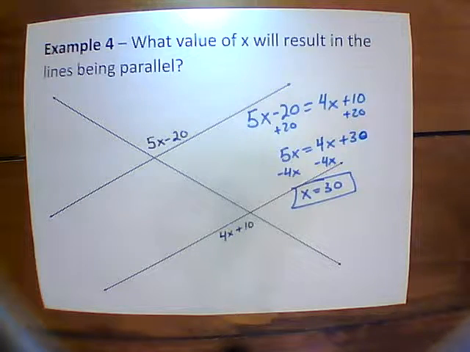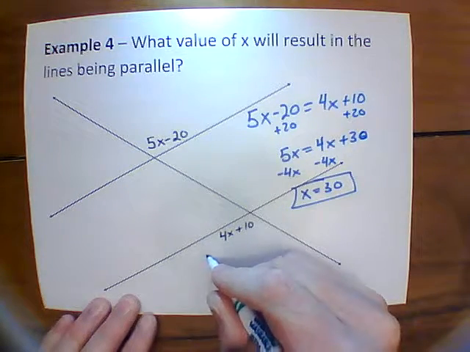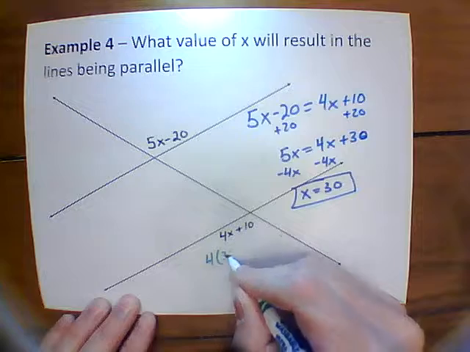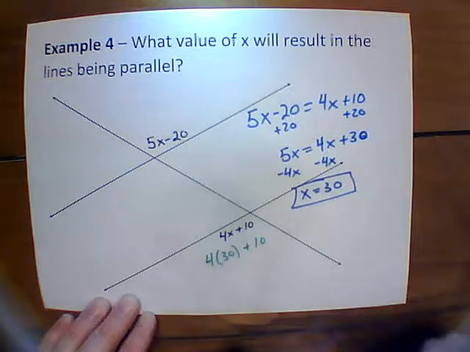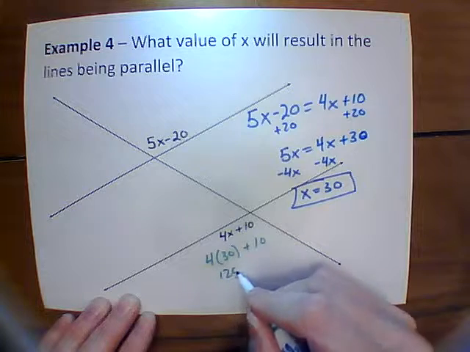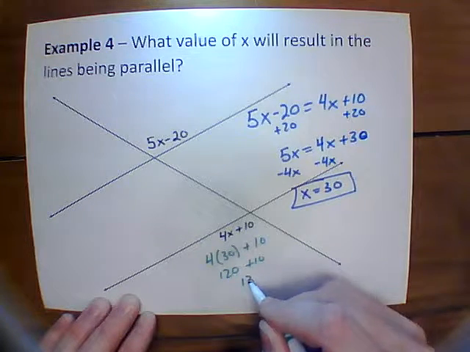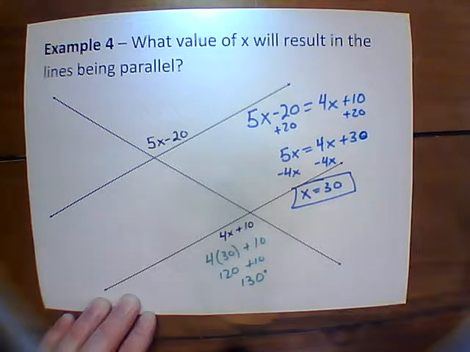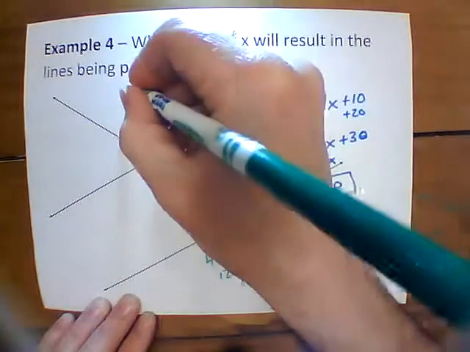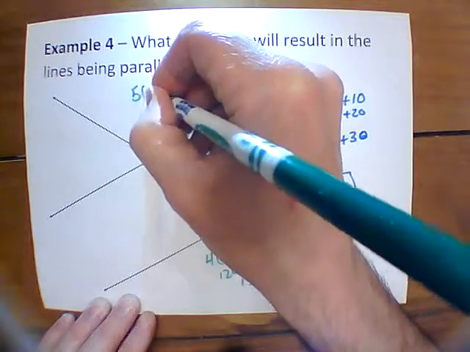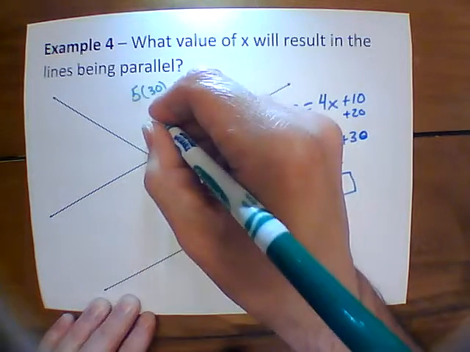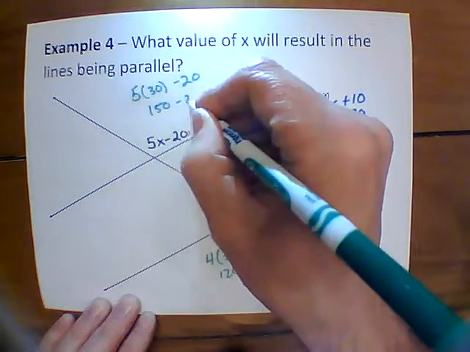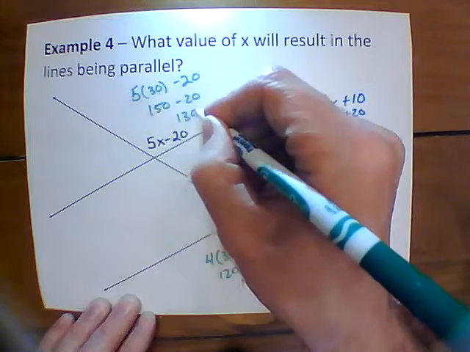And once again, I can check my answer by plugging in 30 for x. 4 times 30 is 120, plus 10 makes 130. Same thing over here. 5 times 30 minus 20. 5 times 30 is 150, minus 20 is 130.